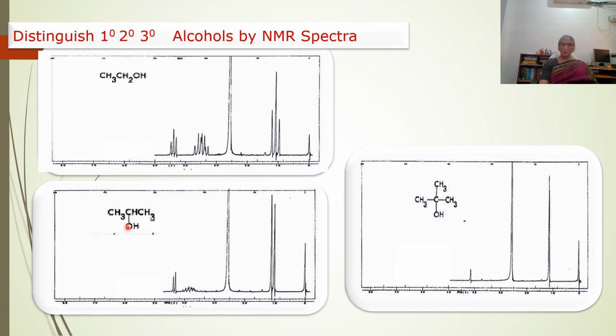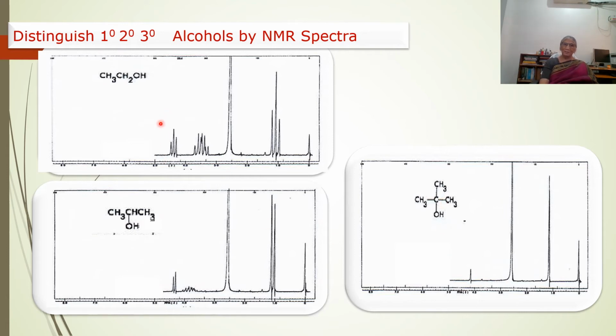In the secondary alcohol, the hydroxyl group is present on the secondary carbon, and the secondary carbon bears only 1 proton. In tertiary alcohol, the hydroxyl group is present at the tertiary carbon atom and there is no proton present at the tertiary carbon atom.